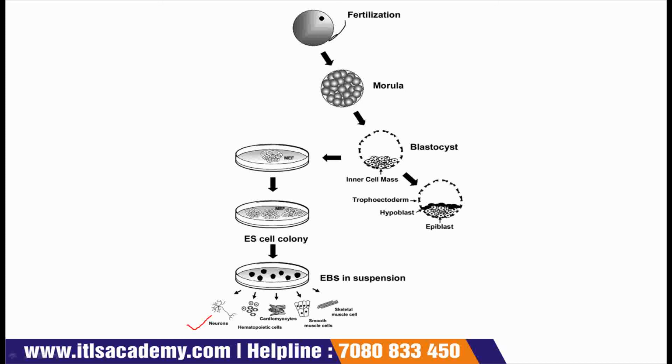These differentiated cells can be neurons, hematopoietic cells, cardiomyocytes, smooth muscles, and skeletal muscle cells. So you can see here how we can use a fertilized embryo for the formation of numerous kinds of cells.